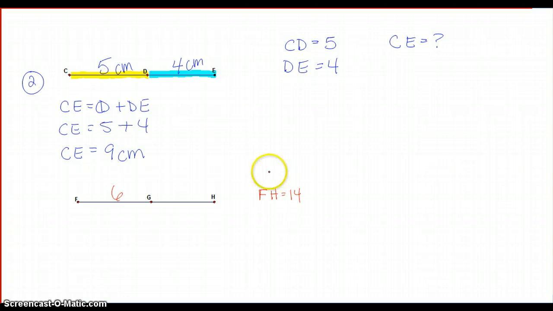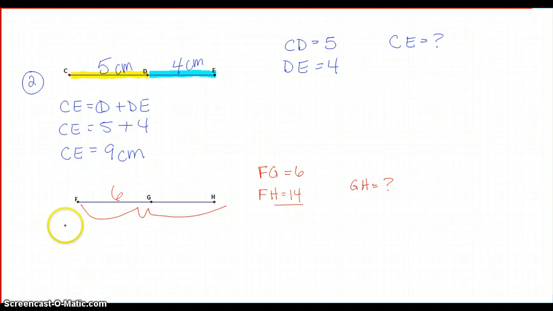In this next example, I'm telling you that FG equals 6, and the whole segment FH is 14. And I'm asking the question, how long is segment GH? Again, just to be methodical, I want to write it out using my segment addition equation. So FH equals FG plus GH.